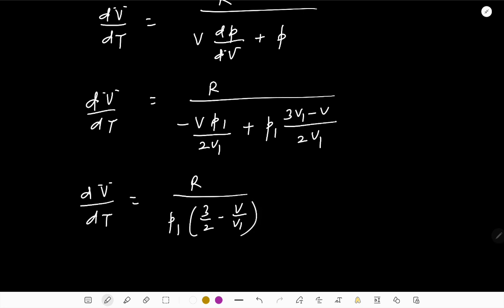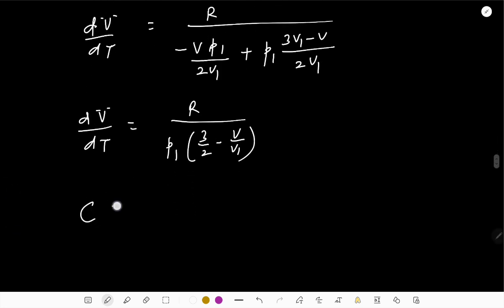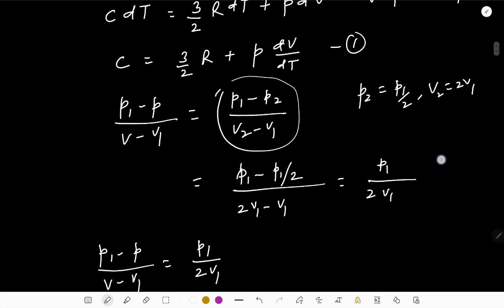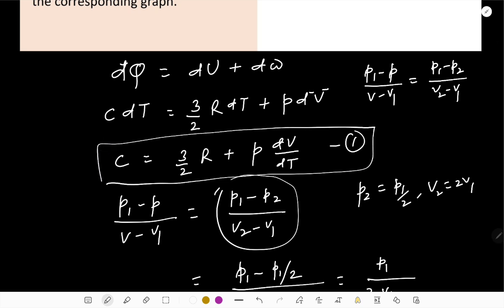Kindly do it yourself. And so we obtained the expression for C, and in this C the first term was 3 by 2 R, plus P dV by dt.